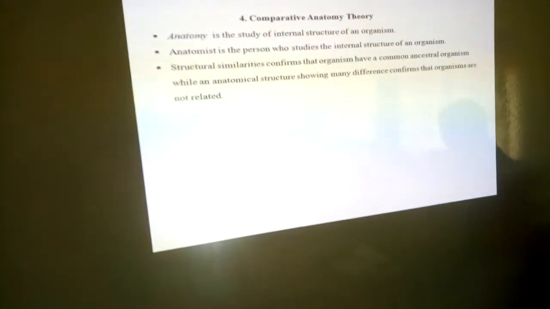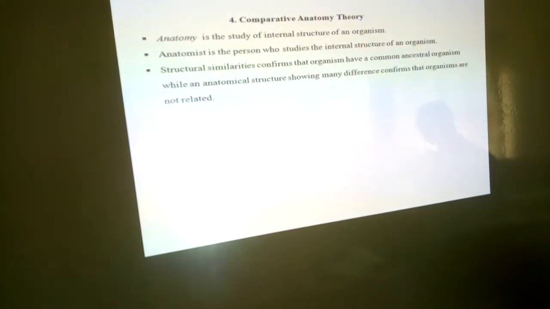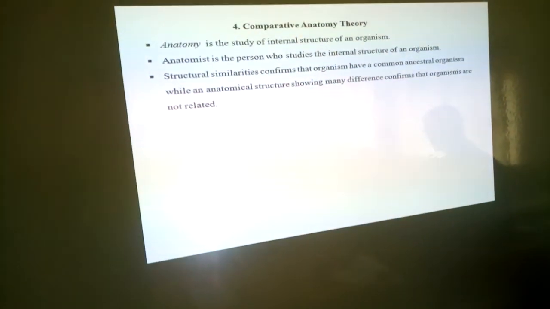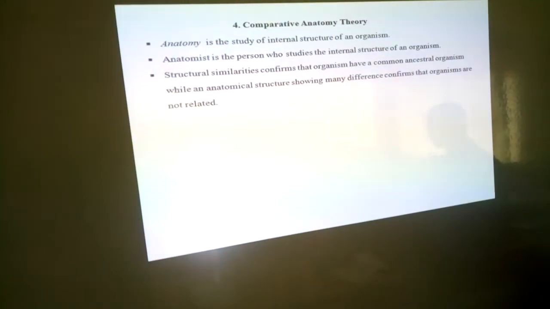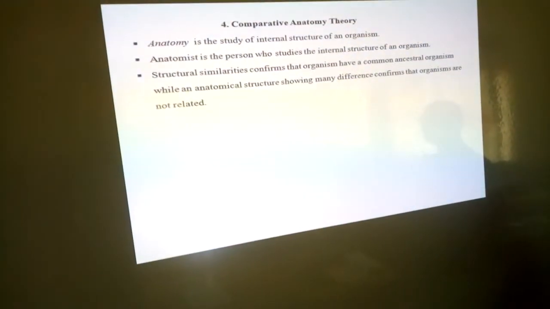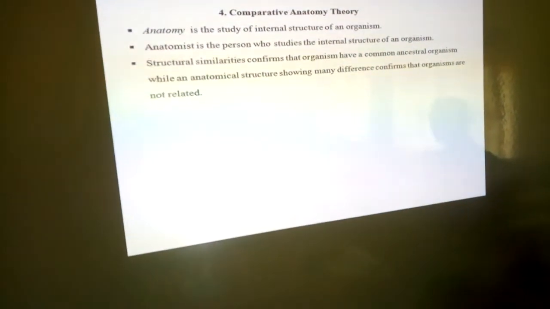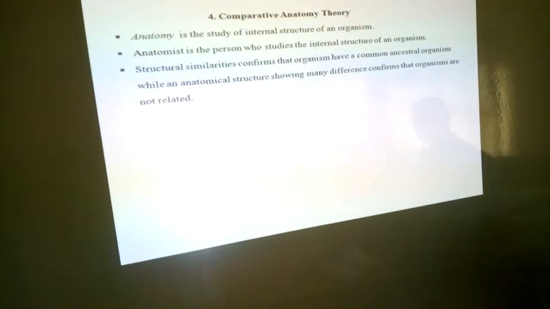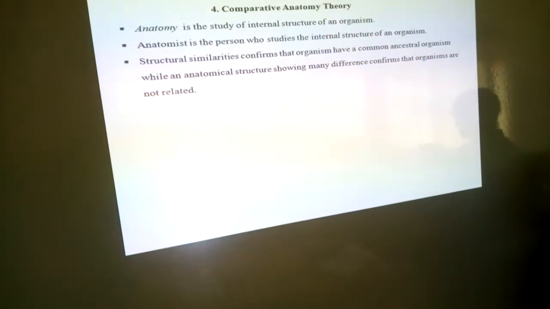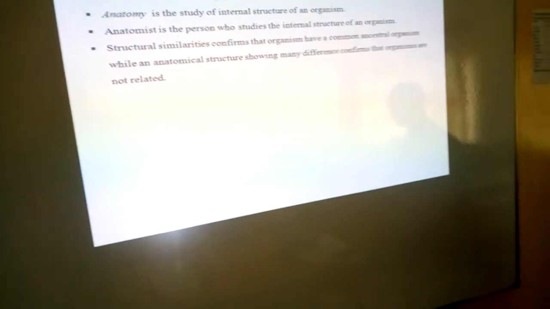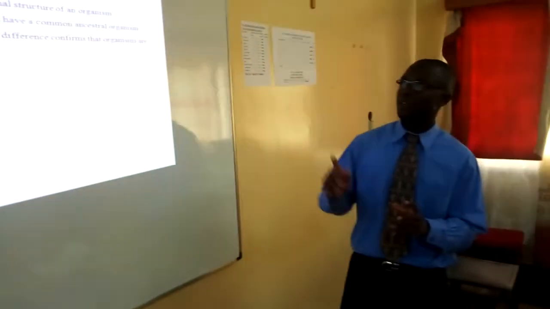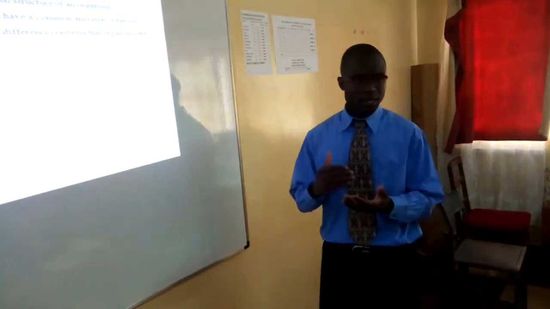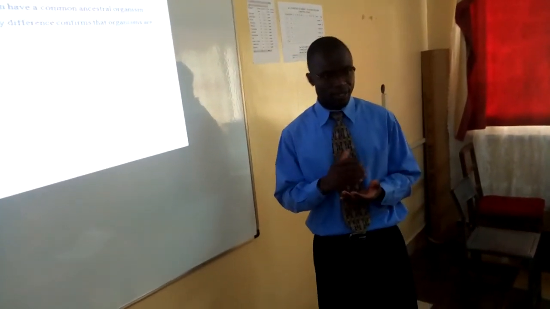Under comparative anatomy, the theory states that structural similarities confirm that organisms have a common ancestral origin, while anatomical structures showing many differences confirm that organisms are not related.